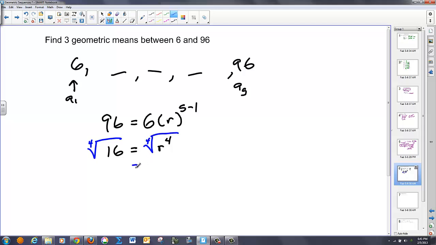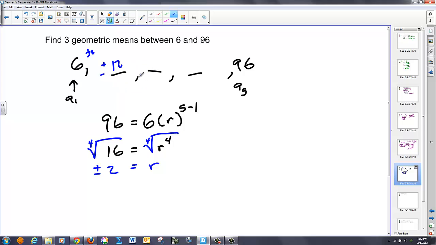Fourth root of r to the 4th is just r. And the 4th root of 16 could actually be plus or minus 2. So therefore, if I multiply plus or minus 2 by 6, I get 12. And it could be a positive 12 or a negative 12.